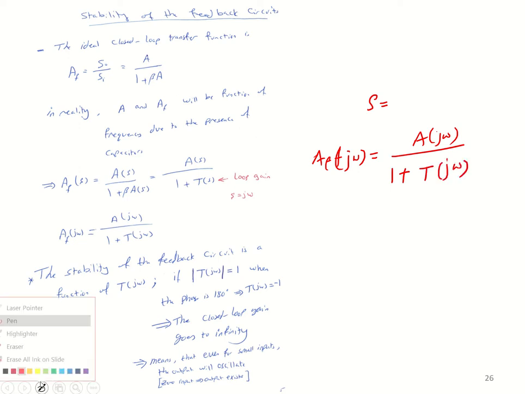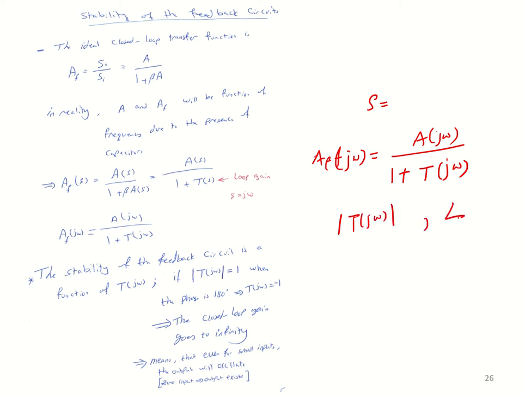The criteria for the stability of a system is that we check two things. We check the magnitude of this loop gain, and we check the phase of this loop gain.